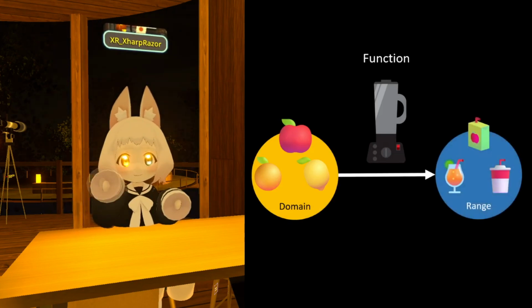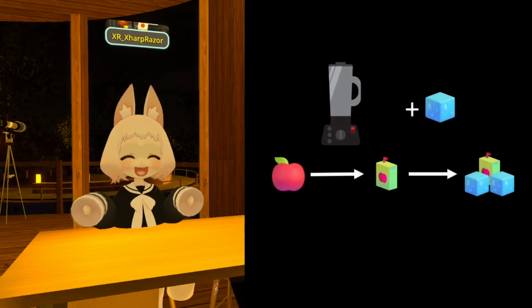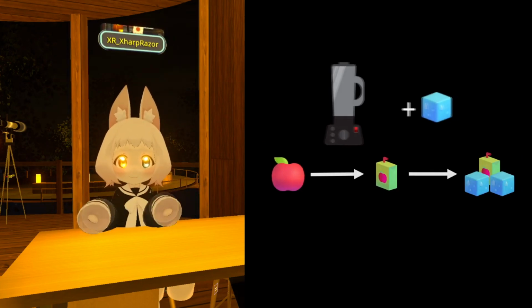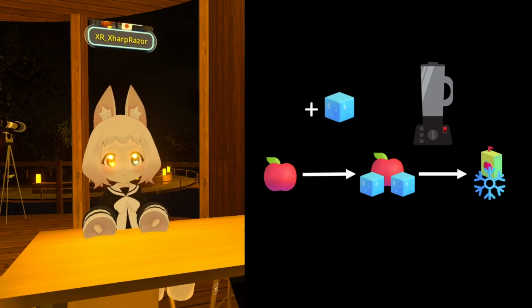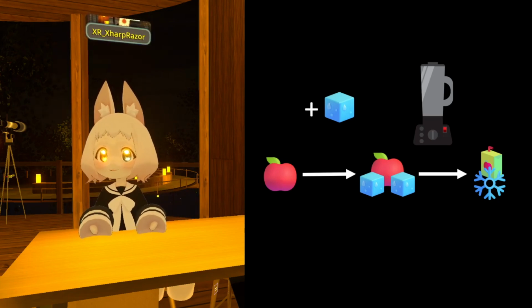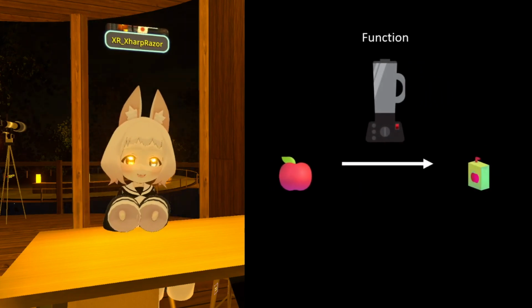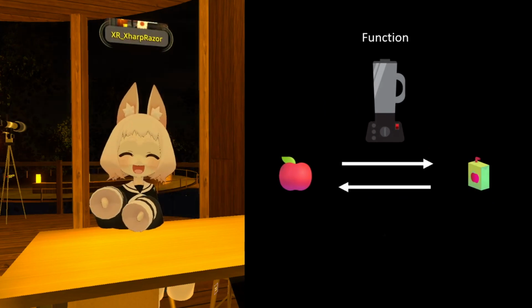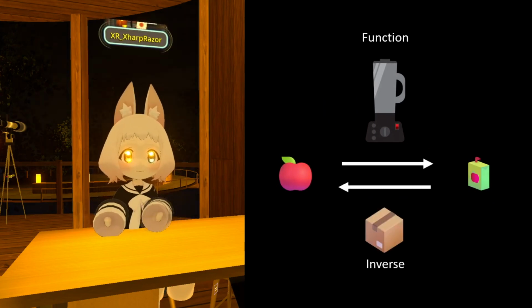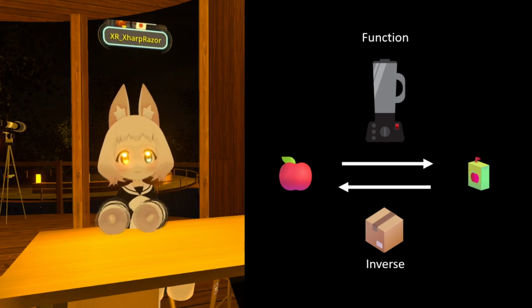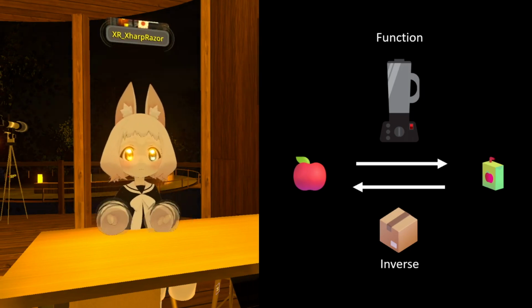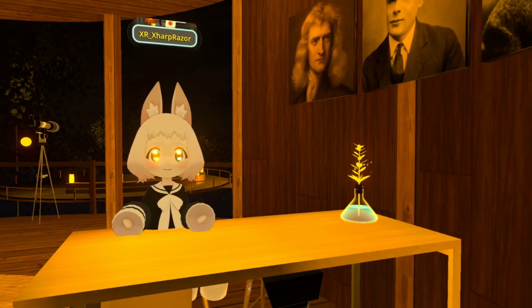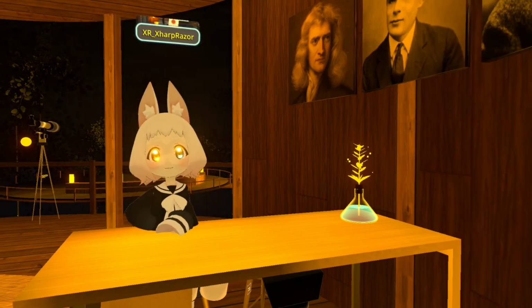And then of course you can chain those functions up, and this is what we call composition. But keep in mind that the order of those functions will change the result. And sometimes a function has an inverse function, but sometimes a function does not have an inverse. So yeah, that's basically all the things that we need to know.